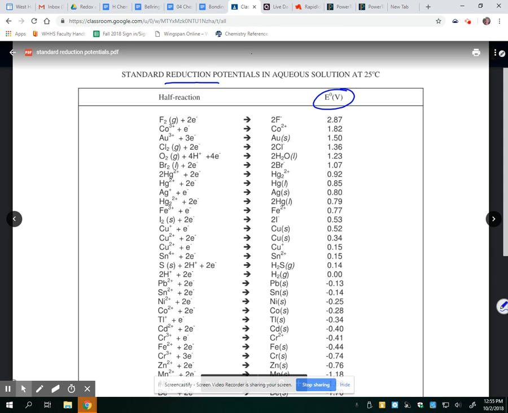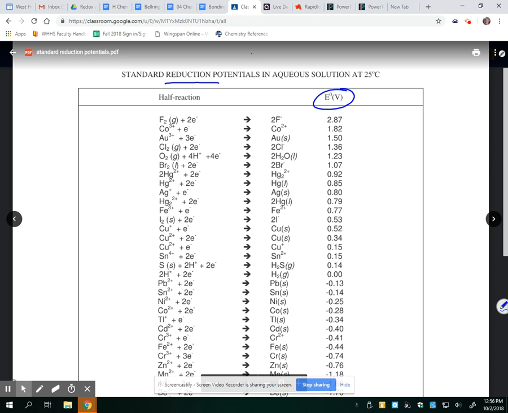So we have to find values for both reduction and oxidation. All of these are reduction potentials. The reverse of a reduction potential is its oxidation potential. So in this case, we are going to be looking at silver and copper.